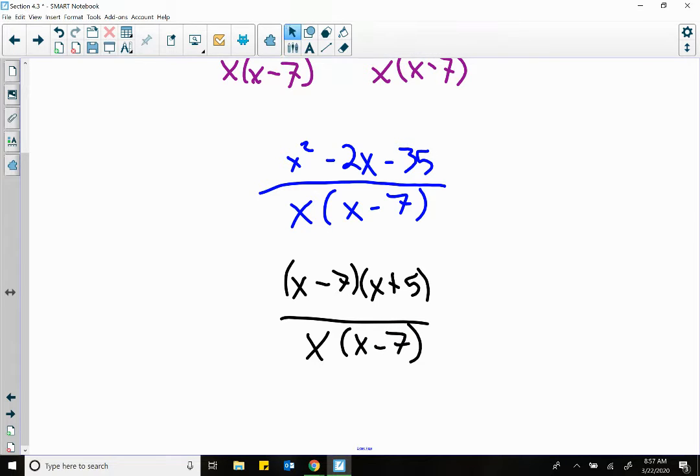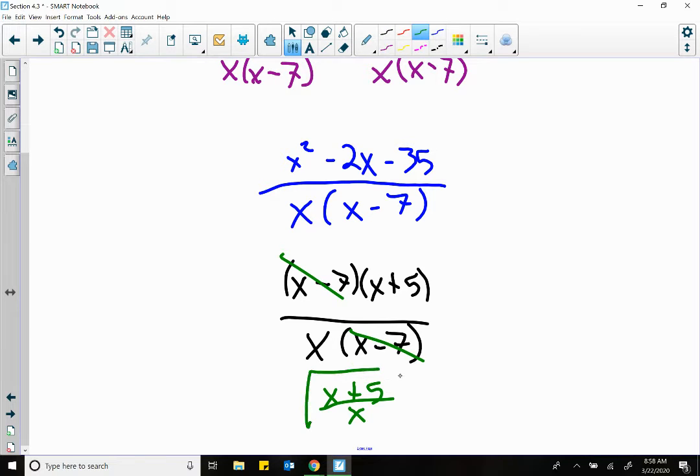So is there going to be any canceling from top to bottom? You bet. The x minus 7 cancels out the x minus 7 down below. And our final answer is x plus 5 all over x. And there you go. That's adding and subtracting when you have common denominators. And that's how your assignment's going to begin.